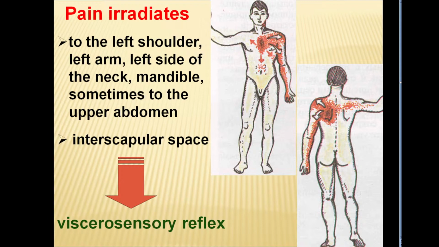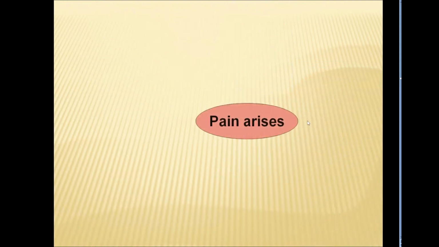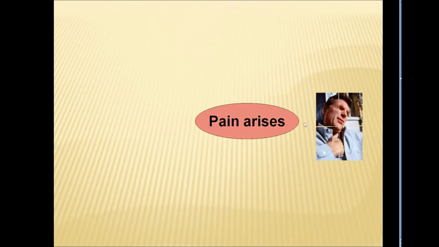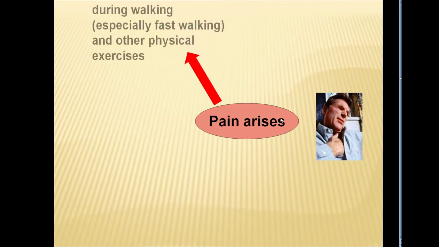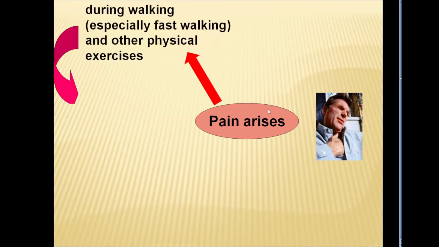We said about its characteristic: pressing, heaviness, pain, which appears usually after physical or emotional overexcitation, especially after fast walking or intensive physical activity. We are talking about angina pectoris of effort.